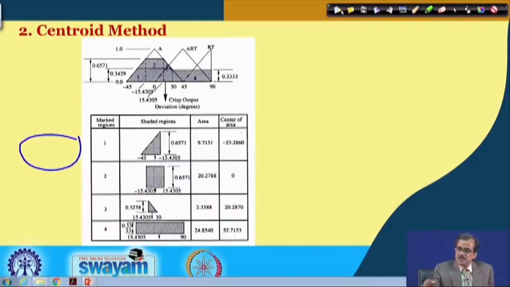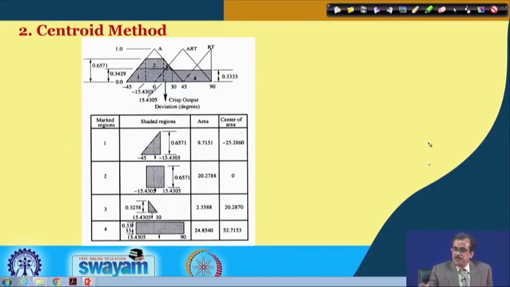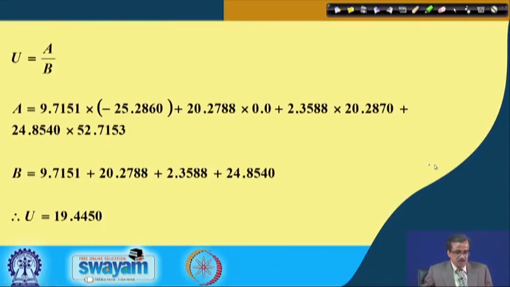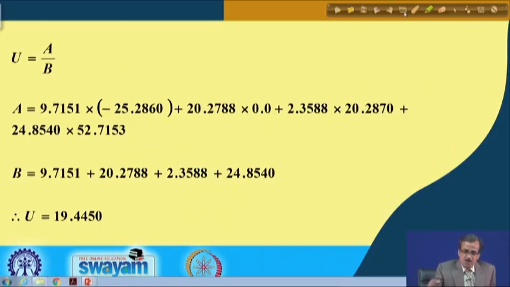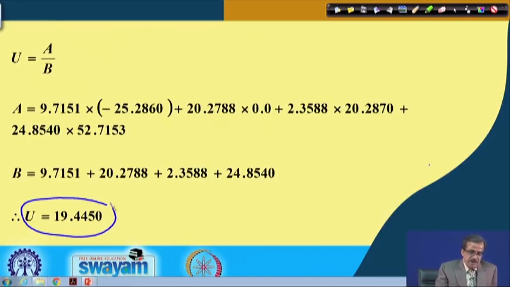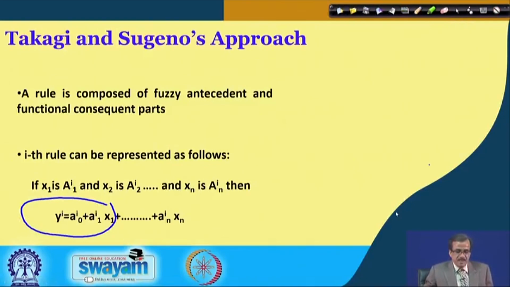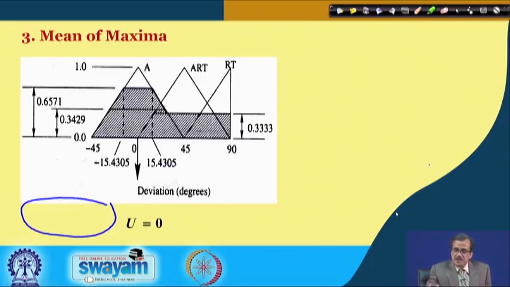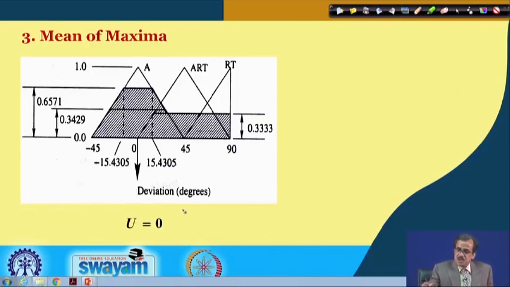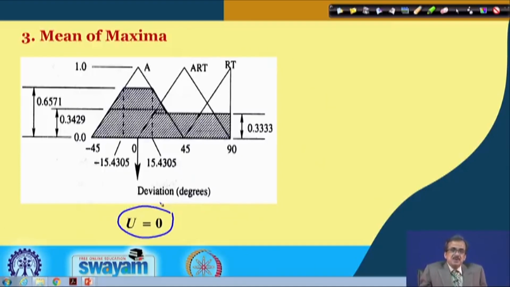So, this is the crisp value corresponding to the centroid method, and then using the mean of maxima method, I am getting this crisp value, and that is nothing but 0. Even though the inputs are the same, by using the three different methods of defuzzification, I am getting three different values.